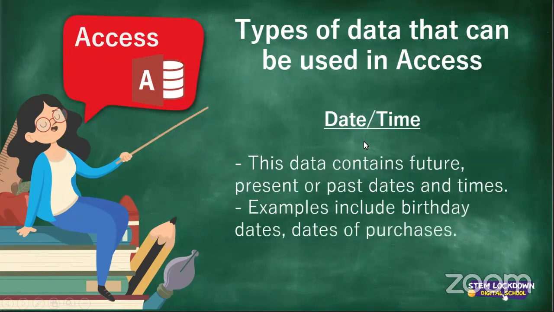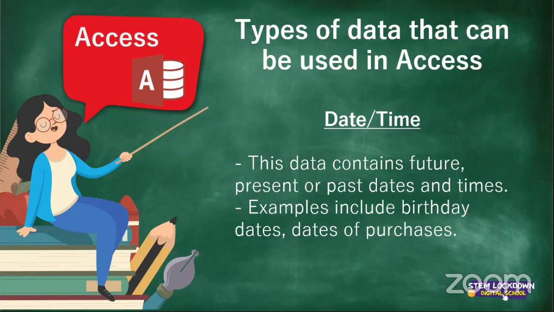Okay, the next type of data that we get is date and time. This data contains future, present, or past dates and times. An example of this would be if you have a database of all the employees that work for your company, you might set a field to store data based on when your employees started working at your company.